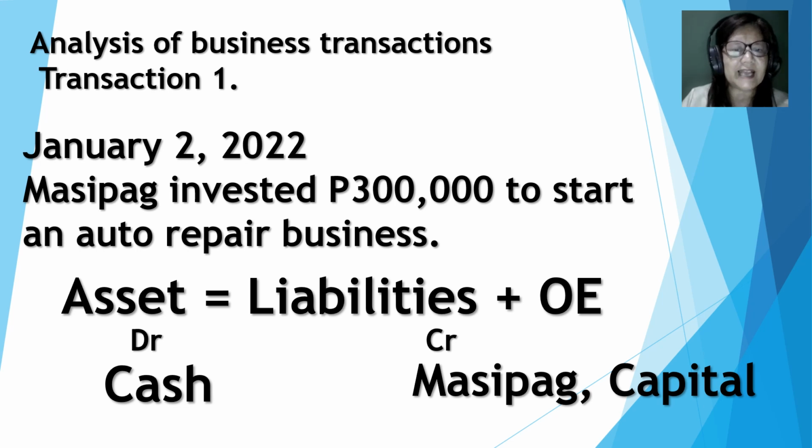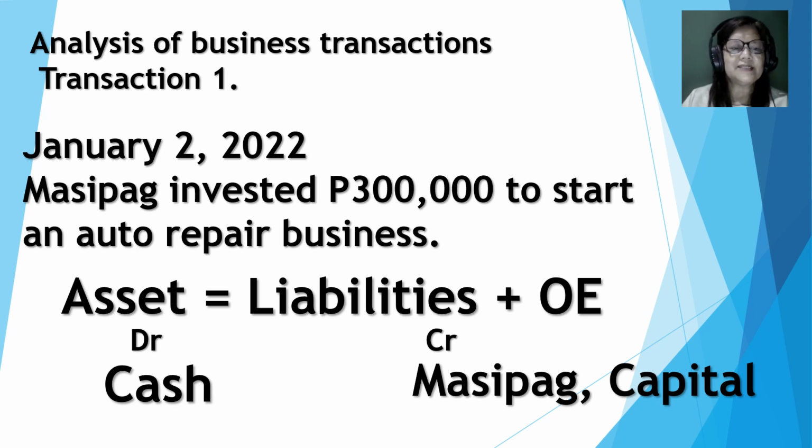Masipag invested 300,000, therefore, cash is to be debited for the amount of 300,000. And Masipag capital as owner's equity is to be credited for the same amount of 300,000. Okay, so what's our entry?